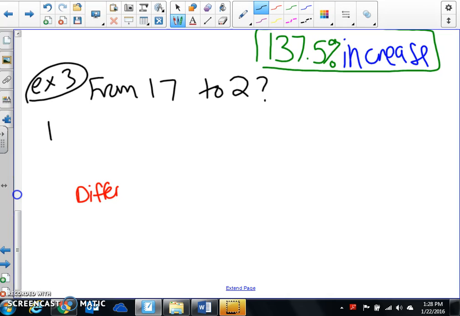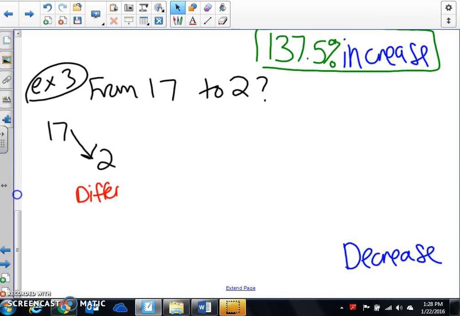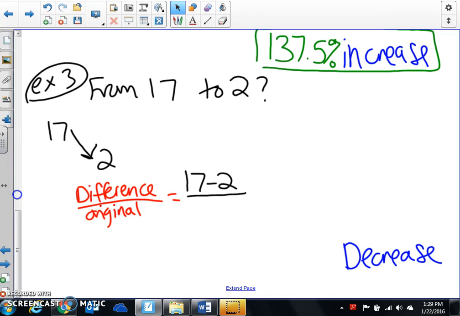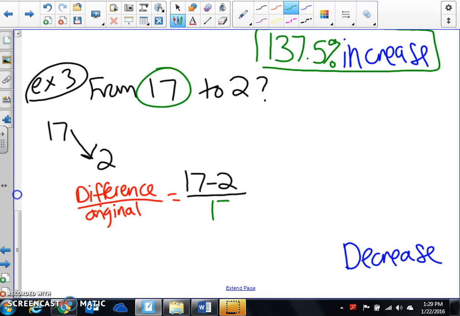So 17, you have to go down to 2, so that's a decrease. All right, so now difference over original. The larger number is 17, so 17 minus 2 over my original number, 17. 17 minus 2 is 15.